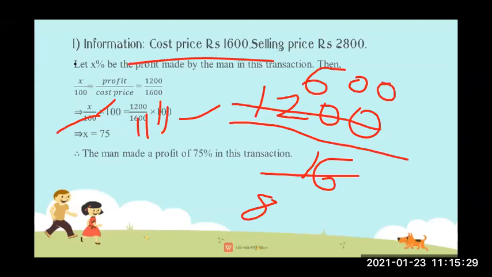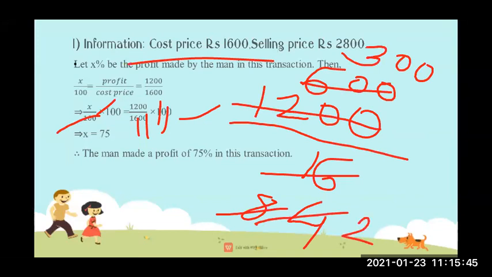Now once again it is going by the 2 table. 2 4s are 8, 2 3s are 6, 0, 0. Now once again 2 2s are 4, 2 1s are 2, 1 we will carry, here it becomes 2 5s are 10 and 0. Then 2 1s are 2, 2 7s are 14 and 1 carry, 2 5s are 10.